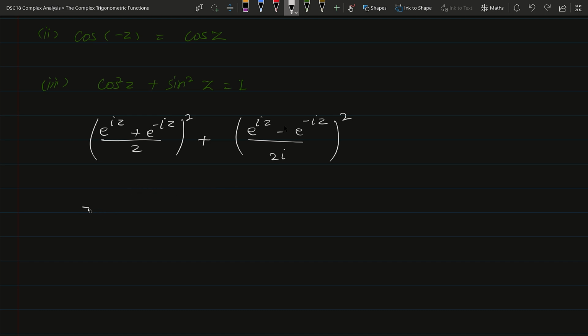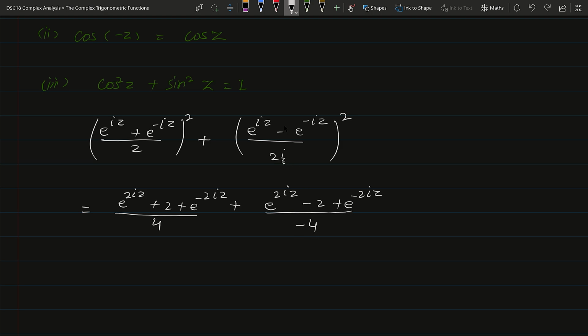So it will be equals to, if you simplify this, e to the power 2 iota z plus 2 plus e to the power minus 2 iota z over 4. Okay, then plus we can write e to the power 2 iota z minus 2 plus e to the power minus 2 iota z, and here we have 4 and here we have minus 4.